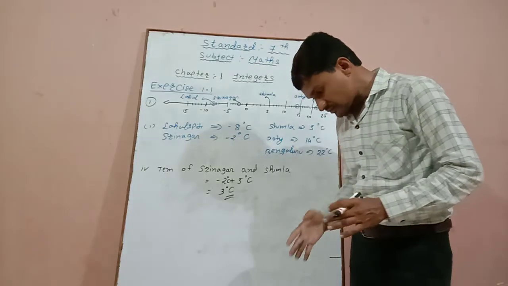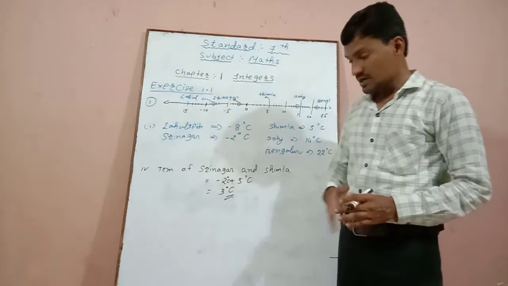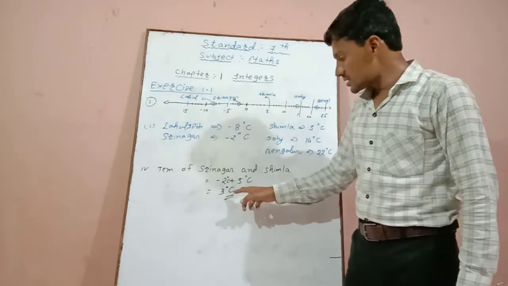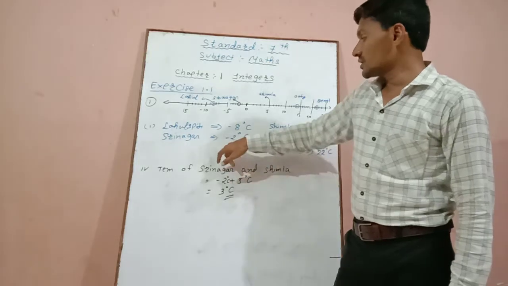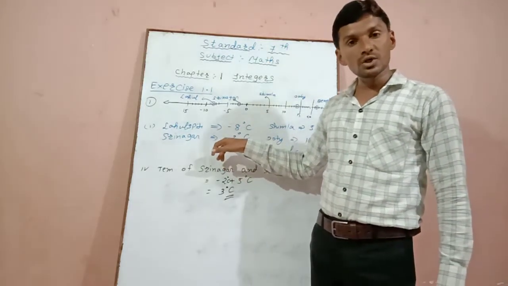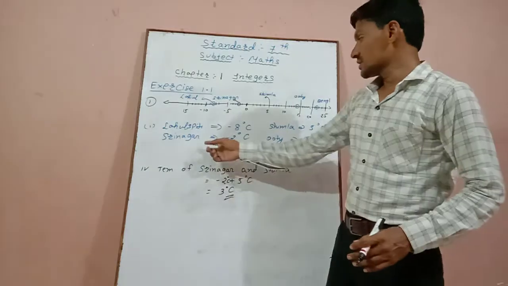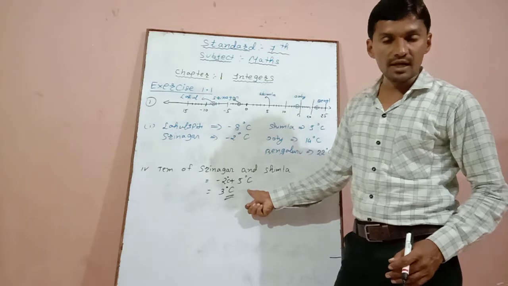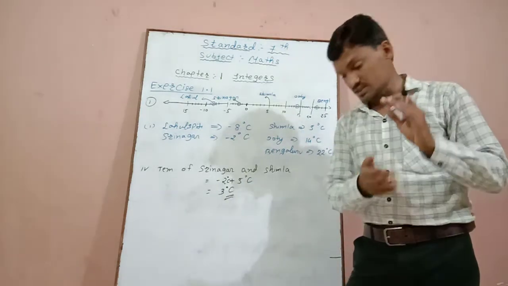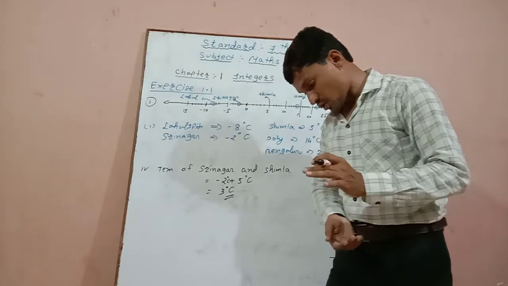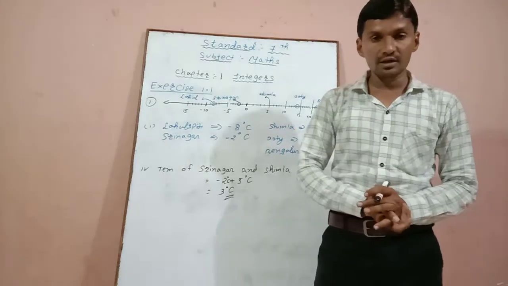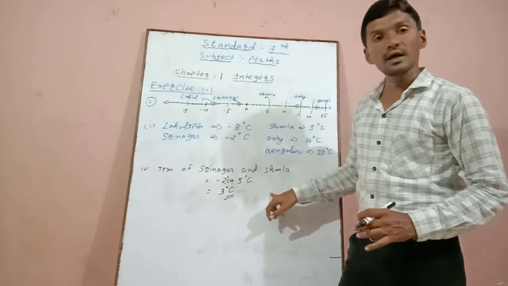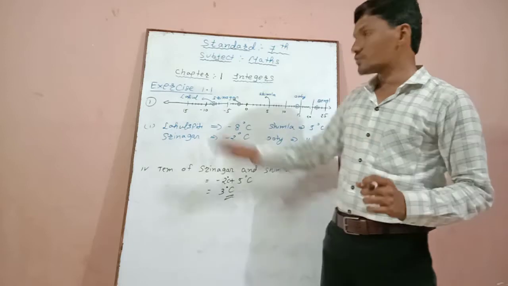See here, the answer of these two temperatures is 3 degree and the Srinagar temperature is minus 2 degree. So that means the Srinagar temperature is less and both cities' temperature added together is more. That means in the second question we can say that no, the temperature at Srinagar is less than the temperature of Srinagar and Shimla together. So we have solved these 4 questions.